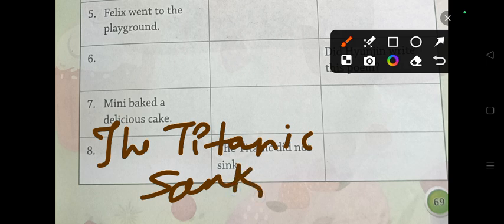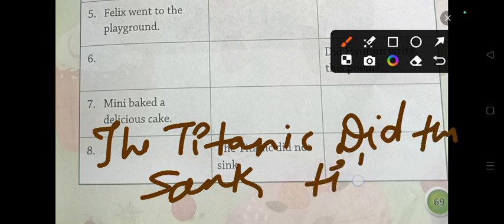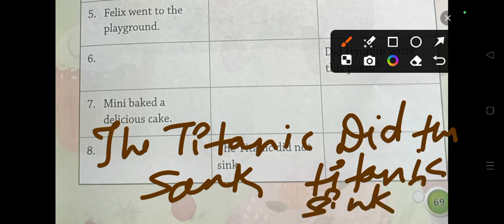The Titanic did not sink. And here you can write did the Titanic sink, and then question mark. Make sure the ones which you are making question sentences, don't forget to put a question mark, okay?